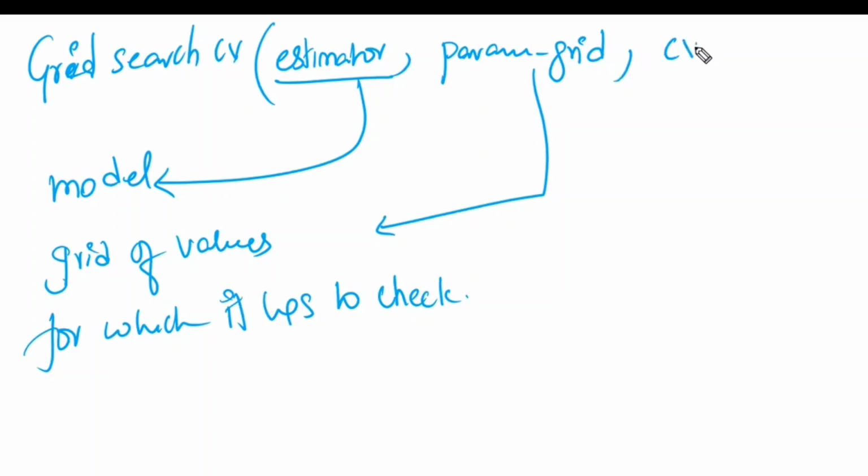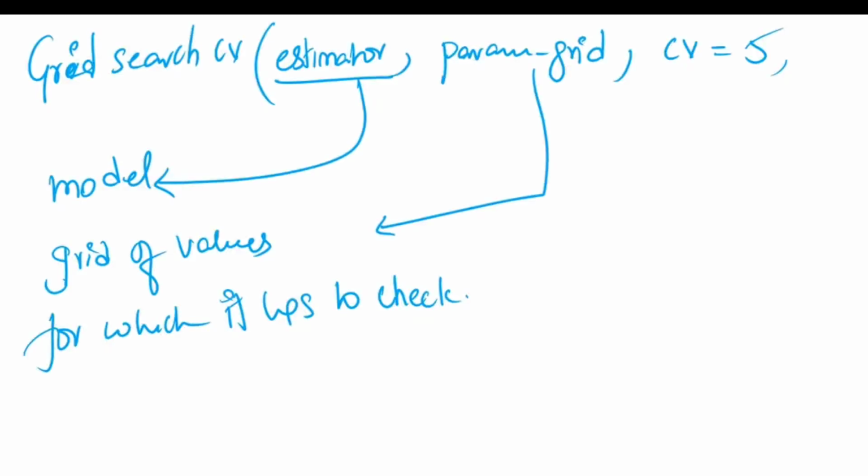And cv is equal to 5; we are going to give some CV value, 5. Right? Now by applying this, what happens? So for example, let us take like this. Okay, you are writing, right?